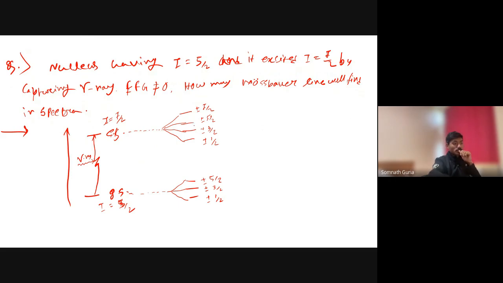So what are the possible transitions that happen over here? We have a transition around plus minus half.